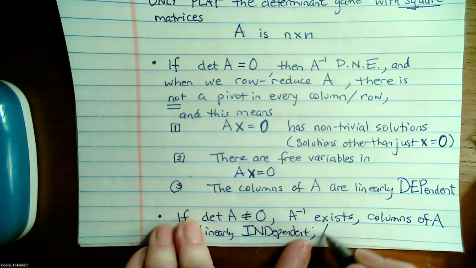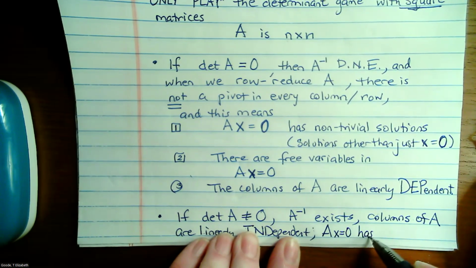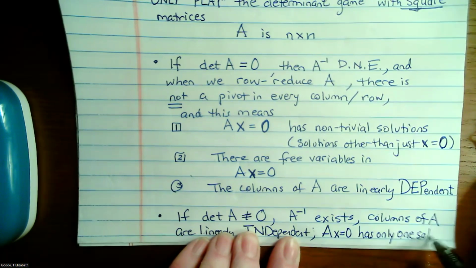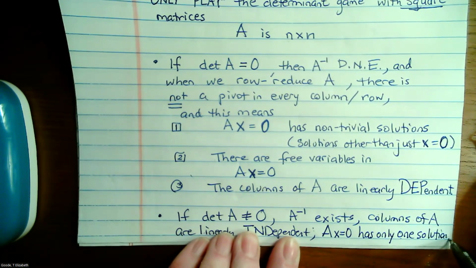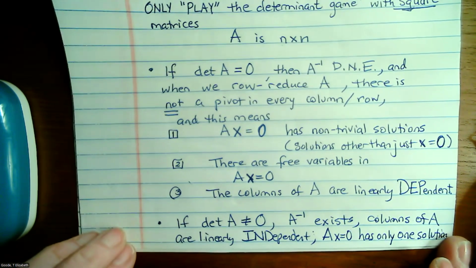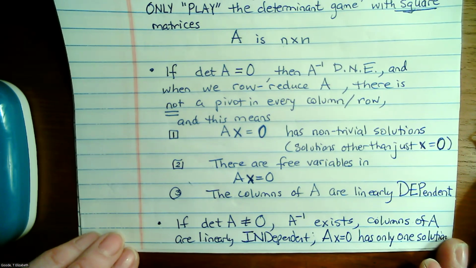And AX equals 0 has only one solution, namely X equals 0. So in some sense, the determinant is a discriminating value. It lets us discriminate whether A is going to be invertible or not, which tells us so much about A.